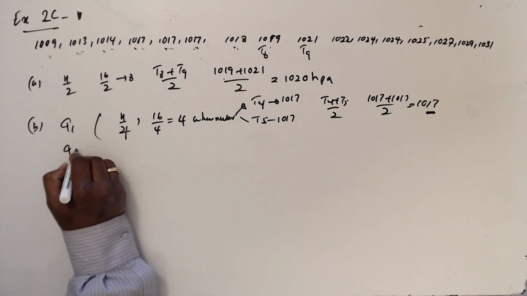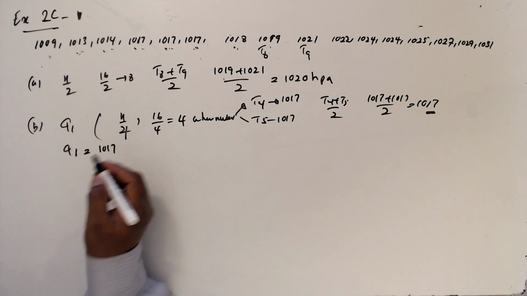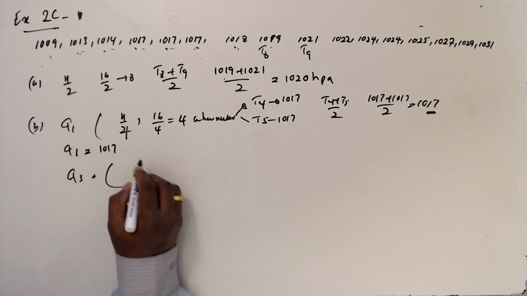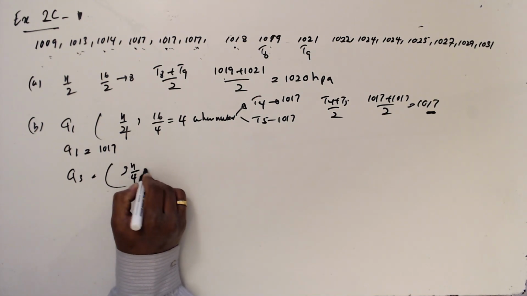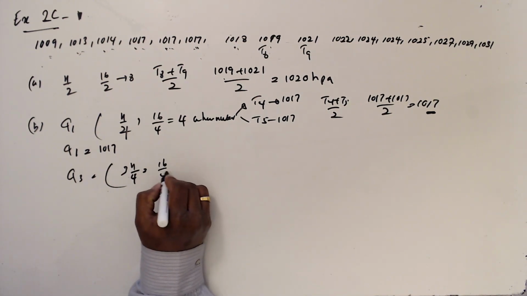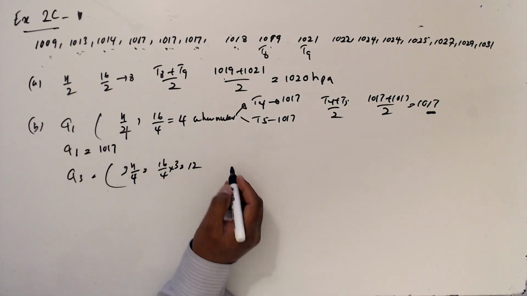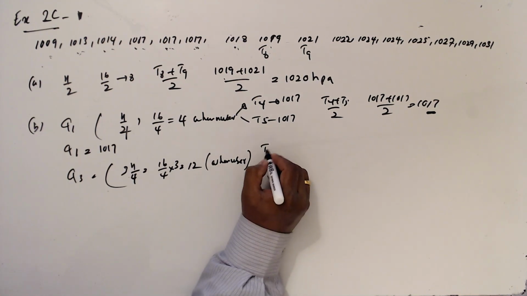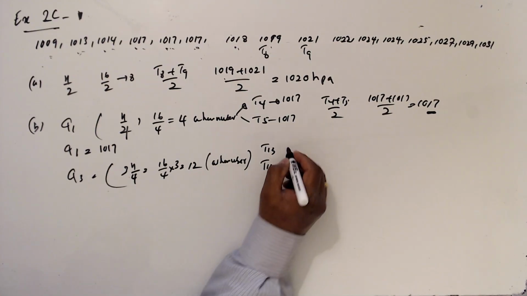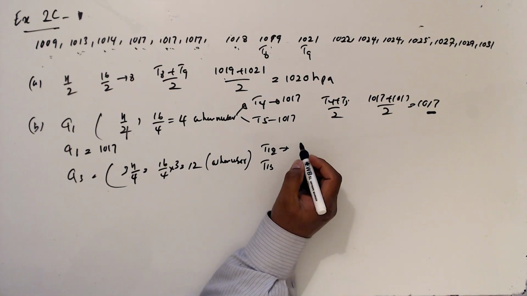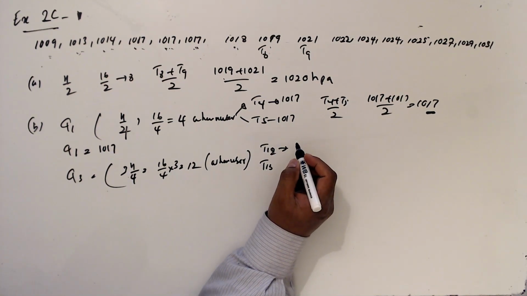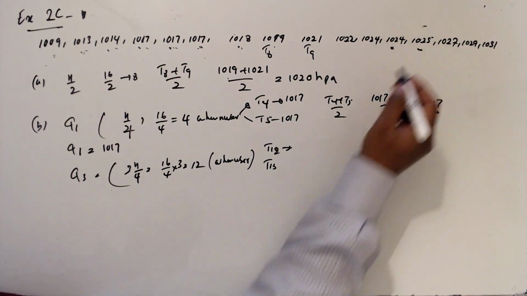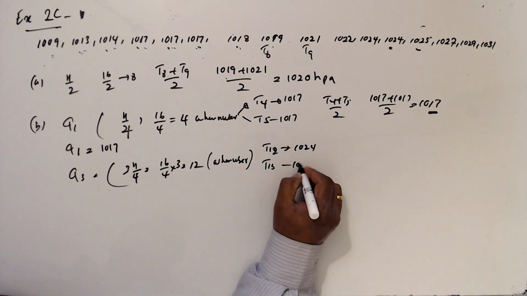So Q1 equals 1017. And the upper quartile, that is Q3, is 3n over 4, that is 16 divided by 4 multiplied by 3, which is 12. That is a whole number. Then we need the 12th and 13th terms, which are 1024 and 1025.